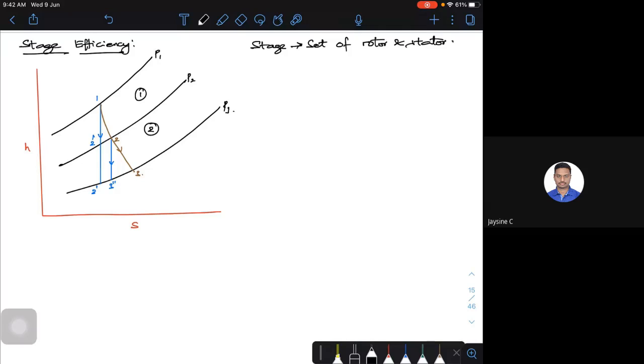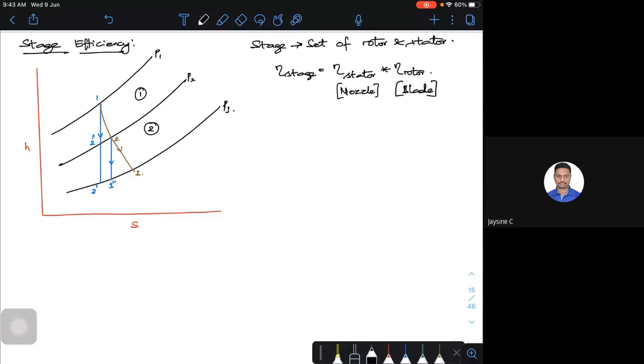So stage efficiency involves the rotor efficiency and the stator efficiency multiplied together. Stator means actually a nozzle, so the stator efficiency is the nozzle efficiency. What is the rotor? It is your blade or vane, whatever you want.